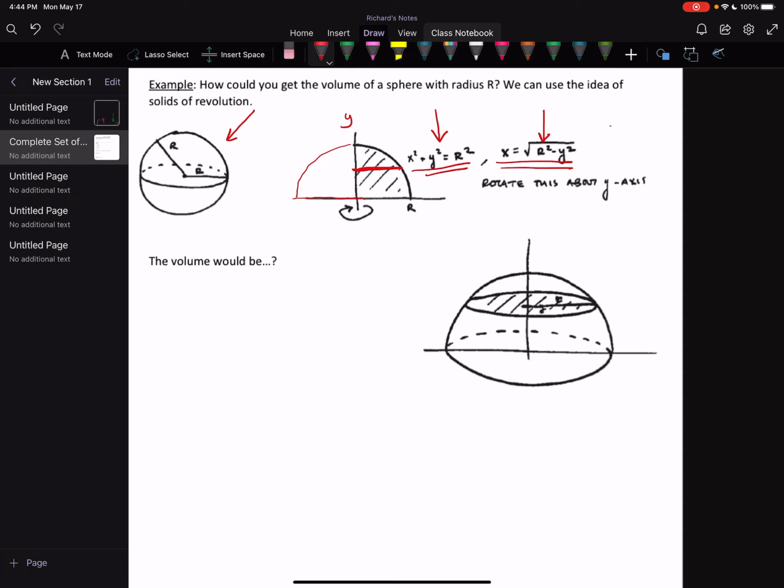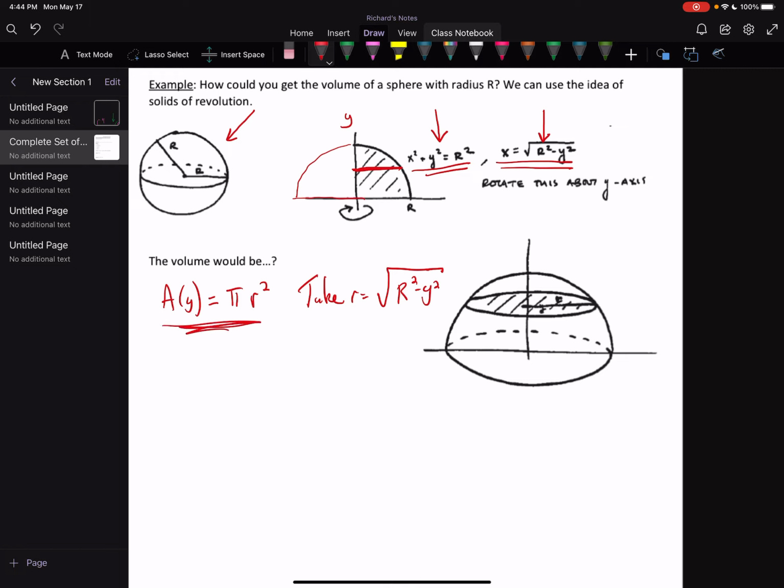Now, you may be wondering, why is that important? Well, we have to remember that the cross-sectional formula has to be written in terms of y. A of y is equal to pi r squared. Okay, so in this particular case, we're going to take r to be equal to this square root of R squared minus y squared. So we're just simply replacing x with a smaller radius just for the sake of this formula here.